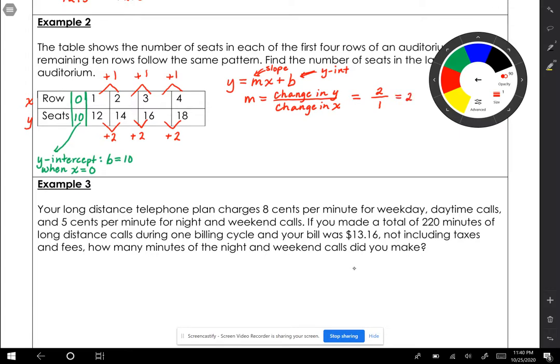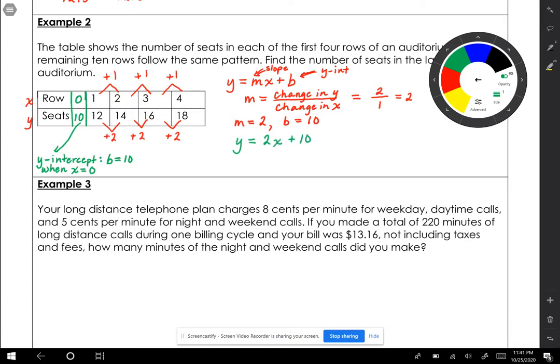So now that we know that m equals 2 and b equals 10, we can write our equation. So our equation is y equals 2x plus 10. The last number is always your y-intercept.